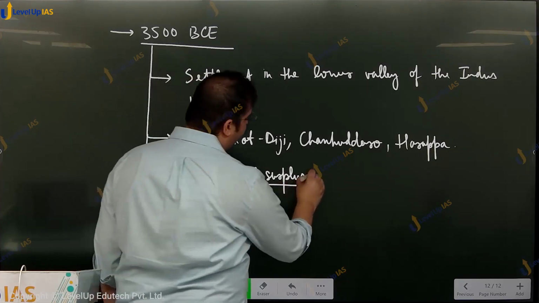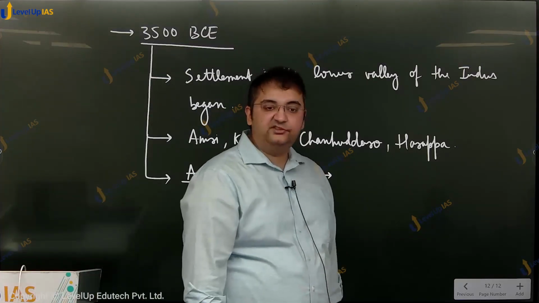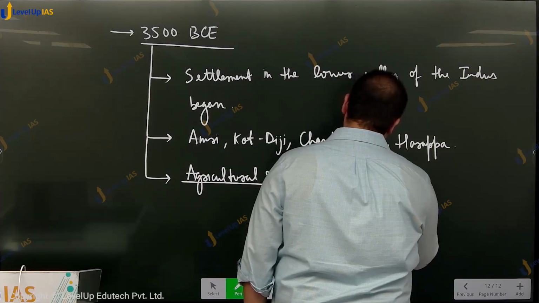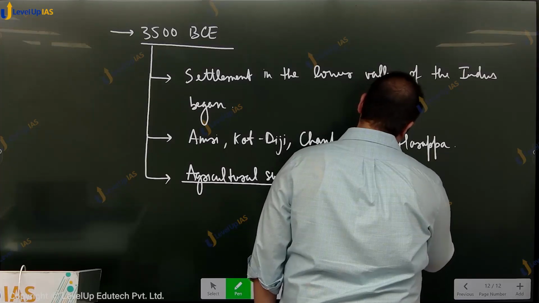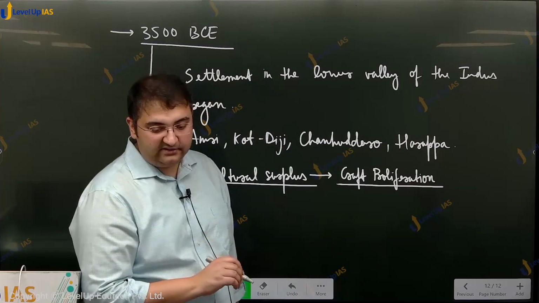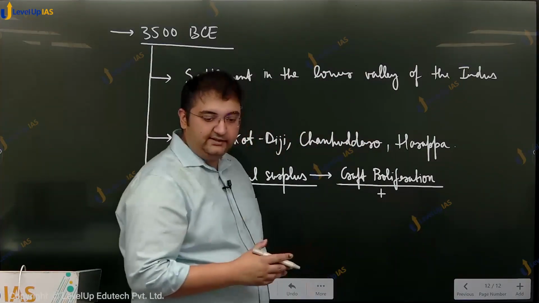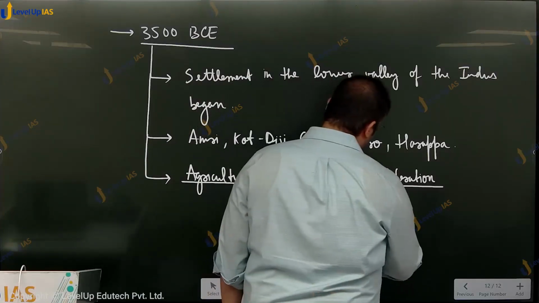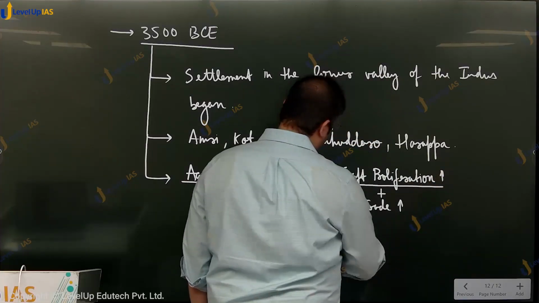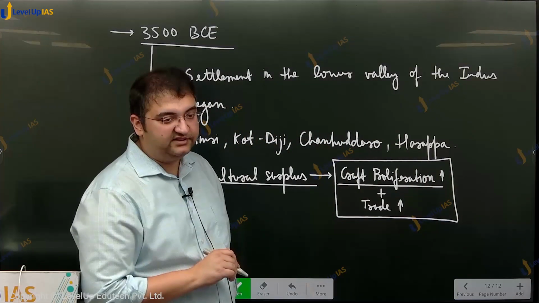And what would be the knock-on effects of agricultural surplus? The proliferation and specialization of crafts. That means the number of crafts being practiced is going to increase. At the same time, trade is also going to increase. Right? And what kind of an impact would it have on the size of these settlements?